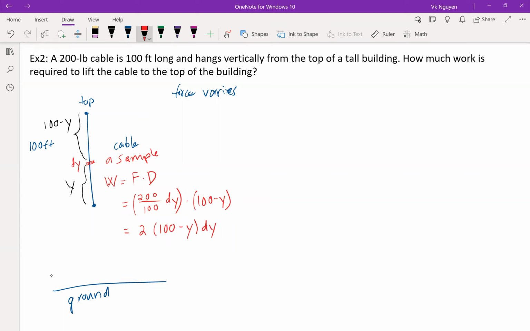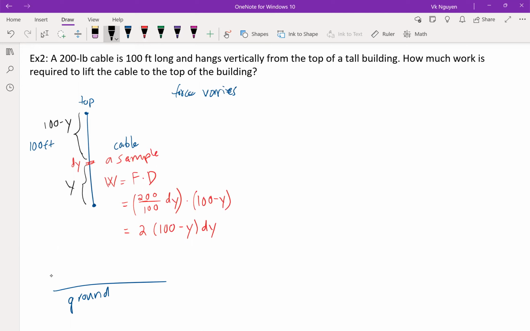To compute the work done on the entire cable, we're going to add the samples from 0 to 100. And the sum is the integral.